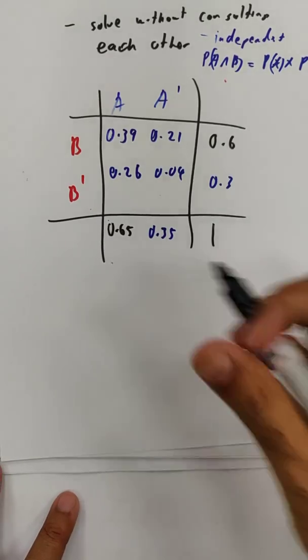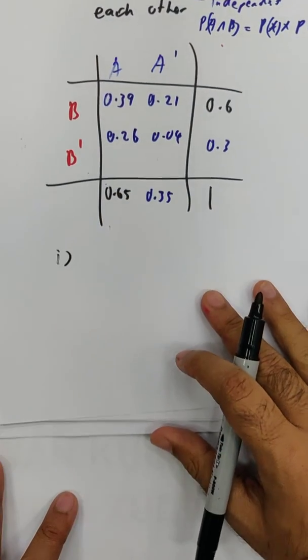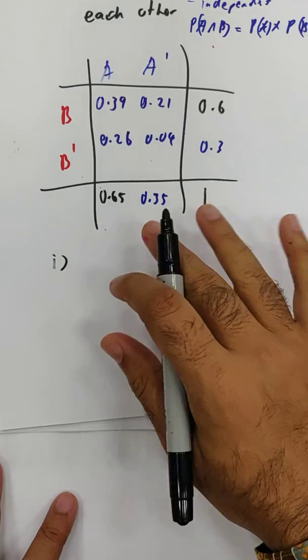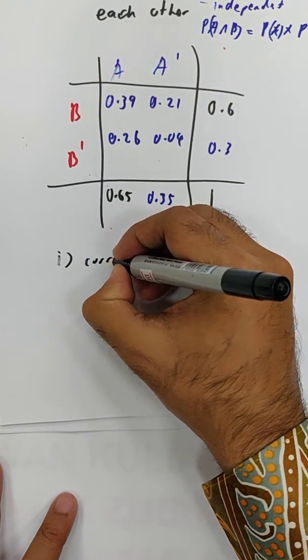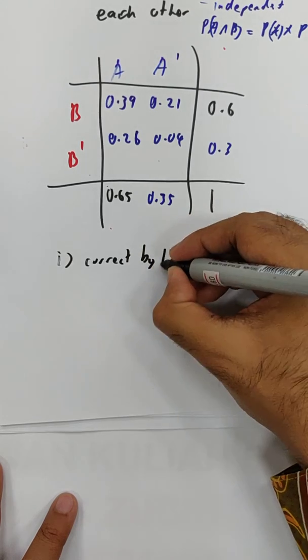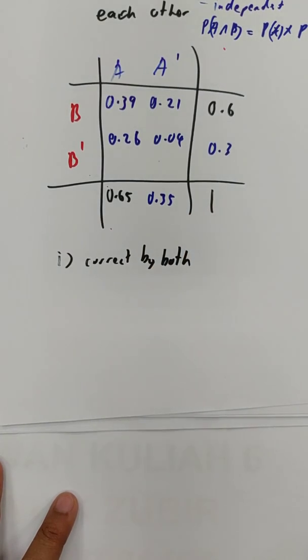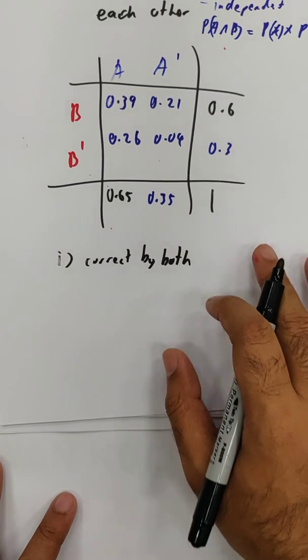The questions can go further, such as correct by both of them. Correct by both is which one? Did I calculate wrongly somewhere?